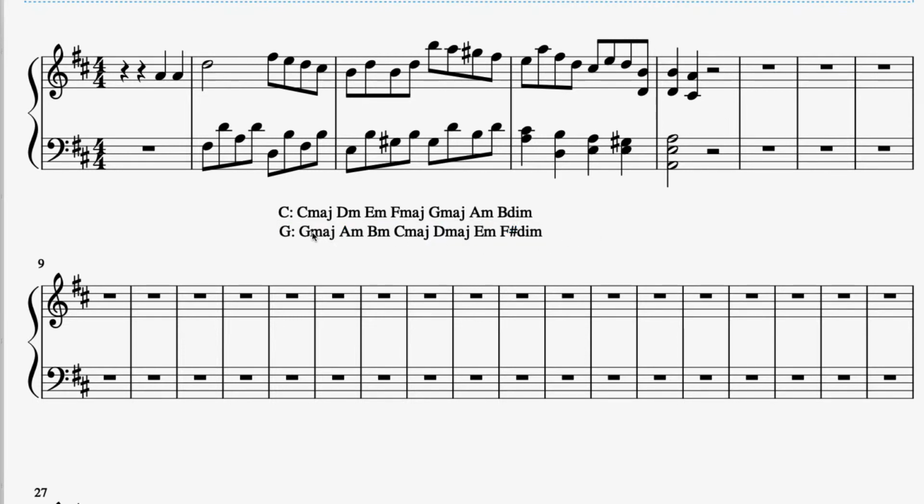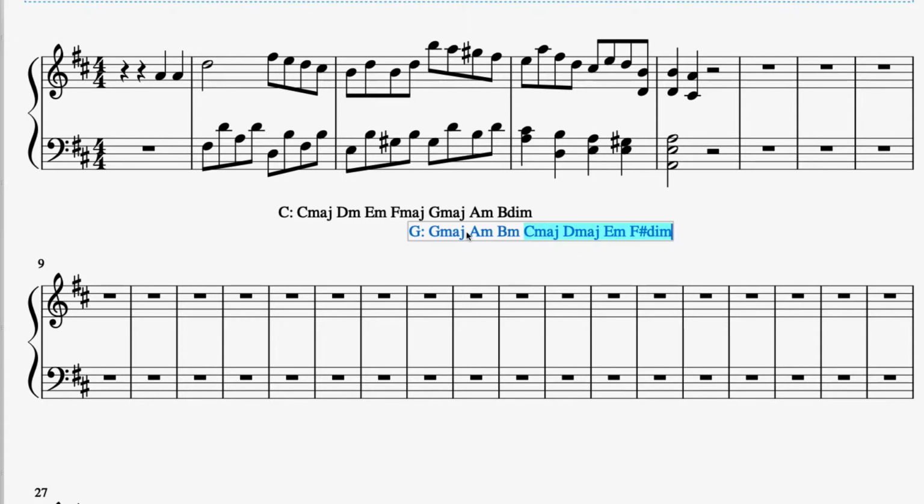Okay, so if I just scoot this over and line this up this way, G major is a common chord between the two. A minor is a common chord between the two. B is not, because in one it's diminished and the other it's minor, so that doesn't work.